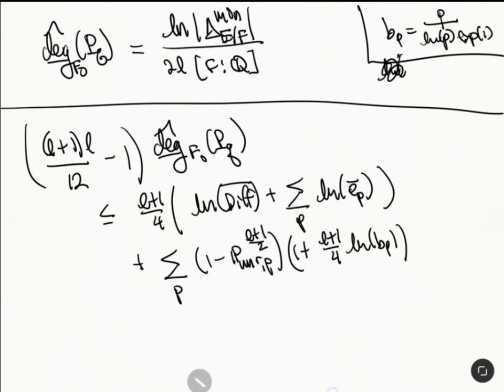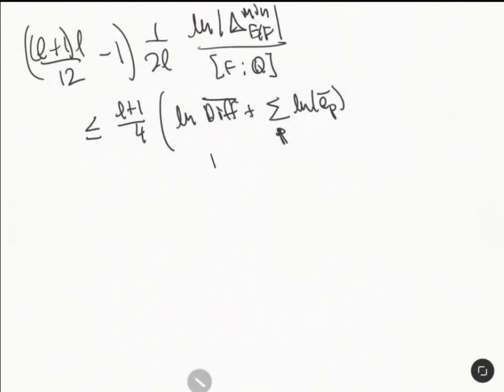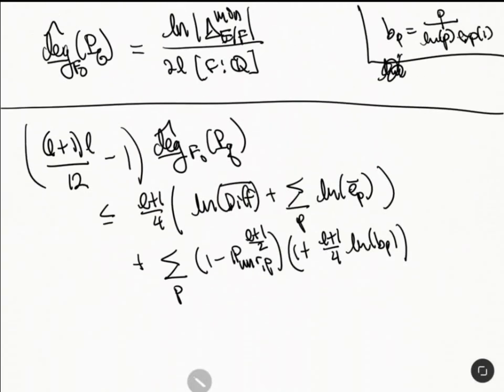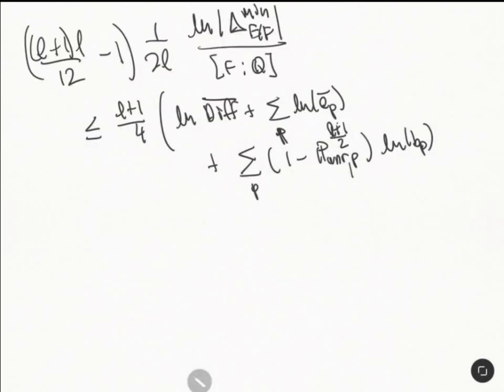So we have plus sum over P, 1 minus this probability that it's unramified, to the L plus 1 over 2. Then we have natural log of BP, and then finally this plus 4 over L plus 1. Okay, these are the main terms, and that thing's kind of vanishing.